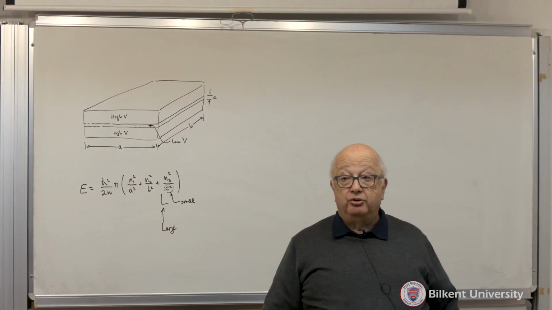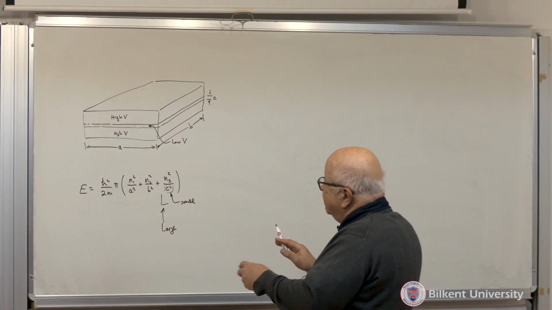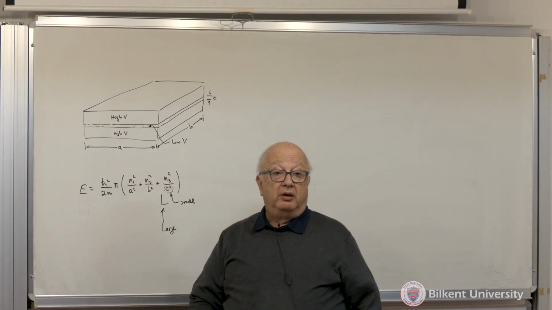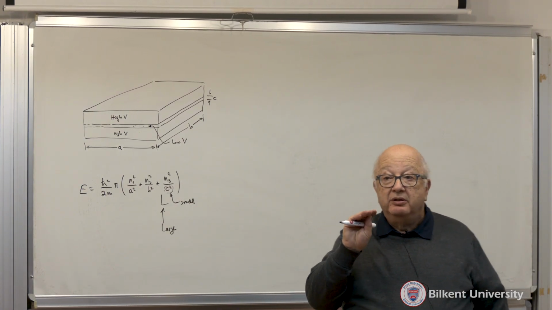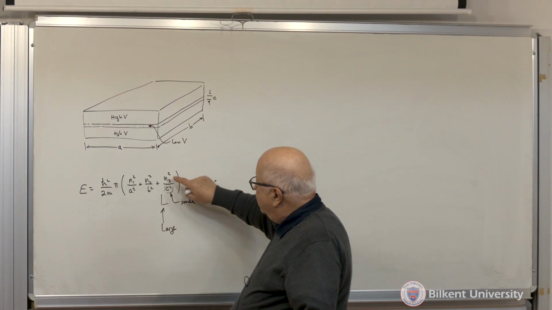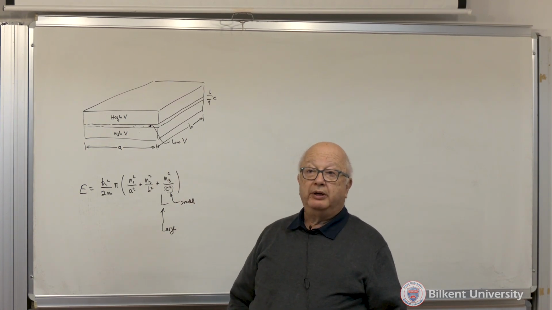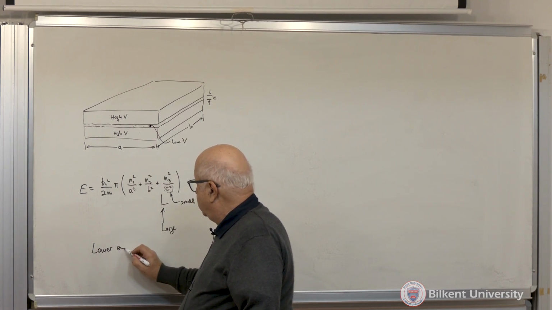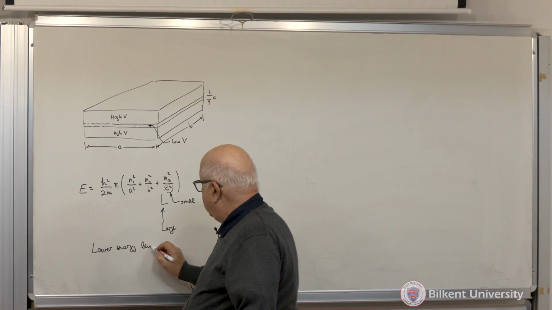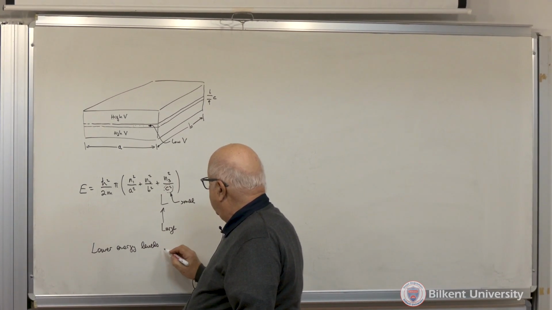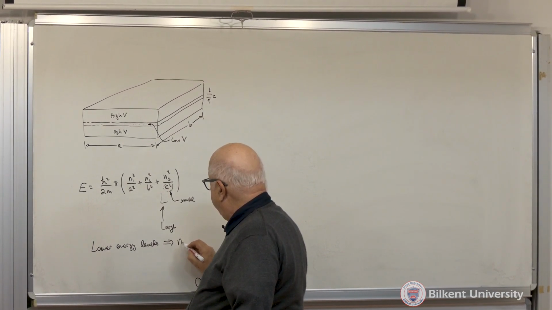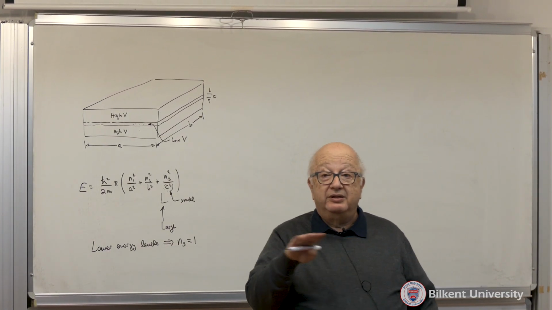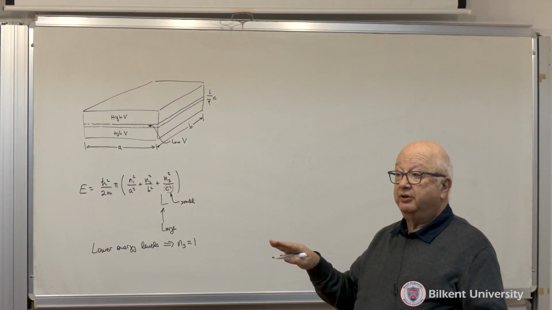Okay, so if you now look at the energy levels of the electron, the lower energy levels correspond to N3 equals 1. So it corresponds to a constant base potential.